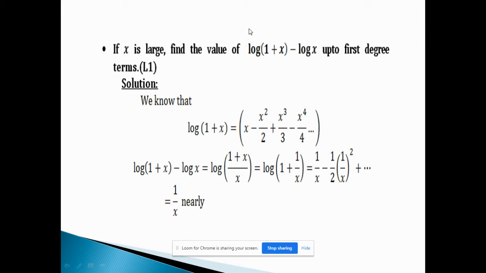We have to subtract log x, so rewrite as log of 1 plus x by x, that is log of 1 plus 1 by x. Apply the log rule, a minus b equals log of a by b, take the LCM and expand. We consider only the first degree term, that is 1 by x nearly. Therefore the value of log of 1 plus x minus log x equals 1 by x nearly.